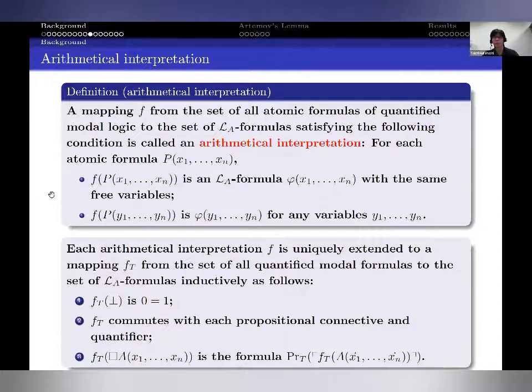Also, as in the propositional case, we can uniquely extend each arithmetical interpretation to a mapping Ft from the set of all quantified modal formulas to the set of formulas of arithmetic inductively.